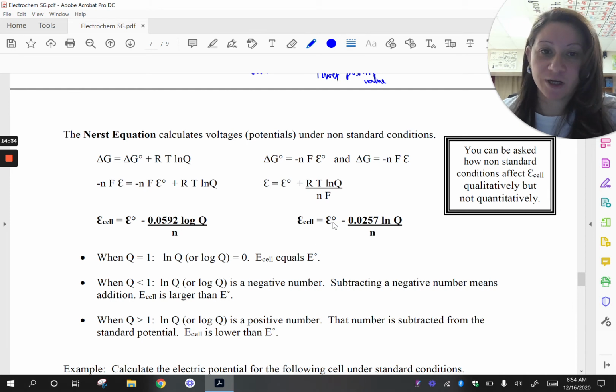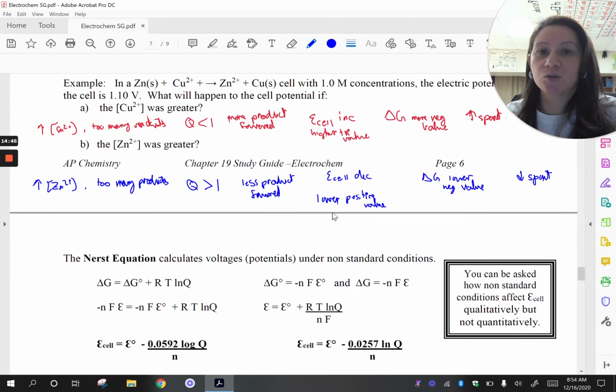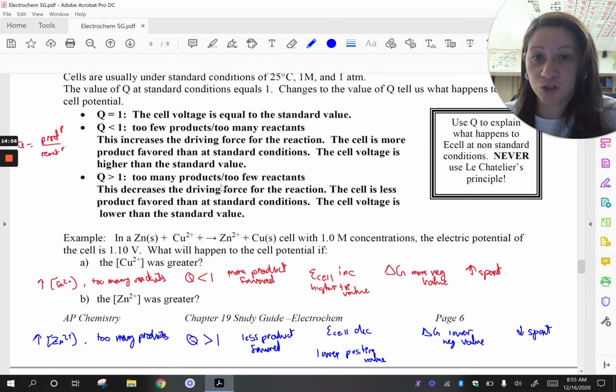You'd need to find what it is at standard conditions, you'd need to find Q, and you'd need to figure out how many moles of electrons are transferred. So again, if you want to use this in terms of driving force to explain what happens to your cell potential at non-standard conditions, you can.